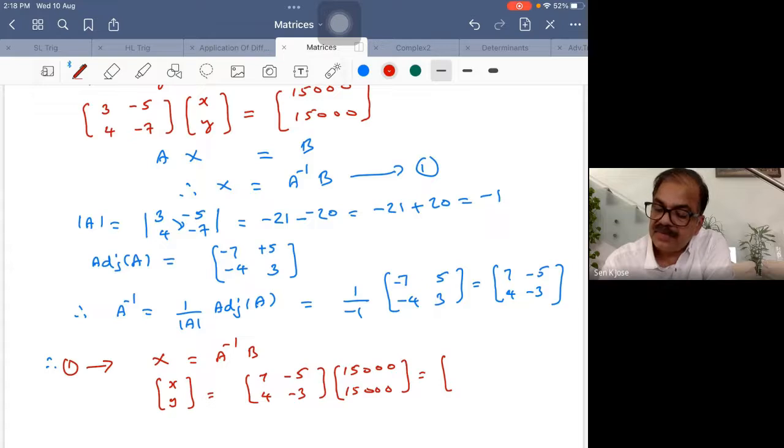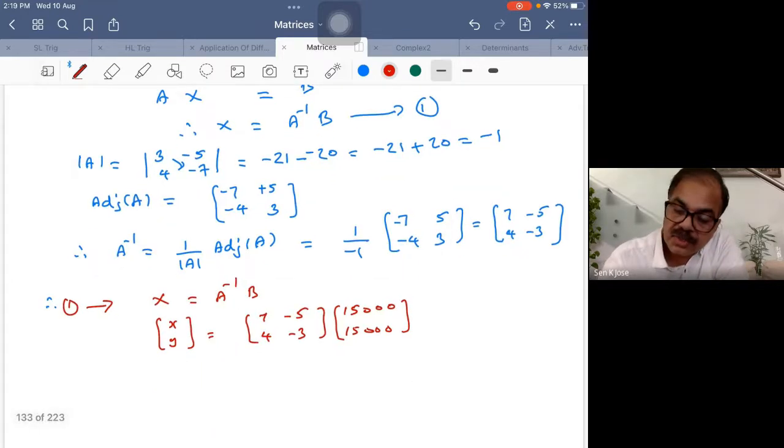Oh, that's a shortcut actually. Why multiply by 15,000? There is 15,000 common factor in the second matrix. So why not take it out? So what is left here is [7, -5; 4, -3] into [1; 1].